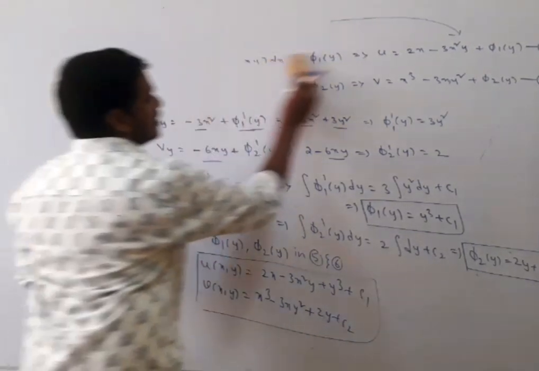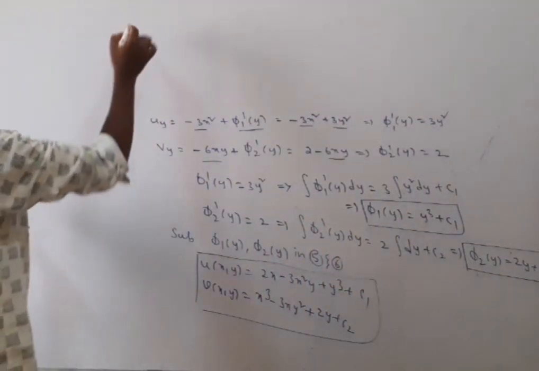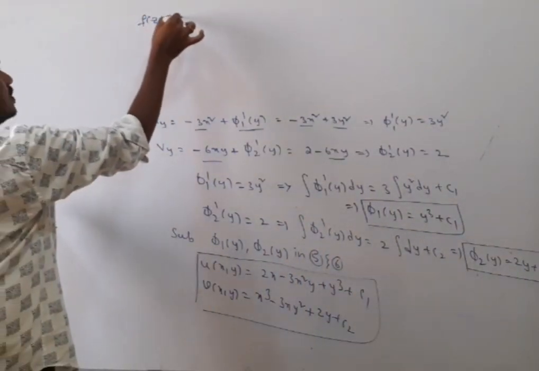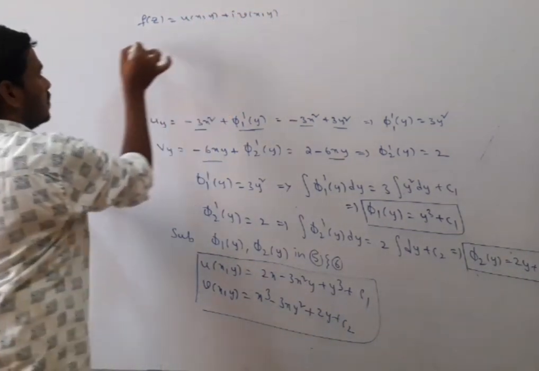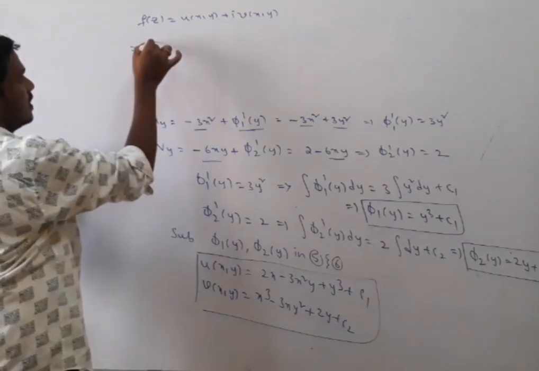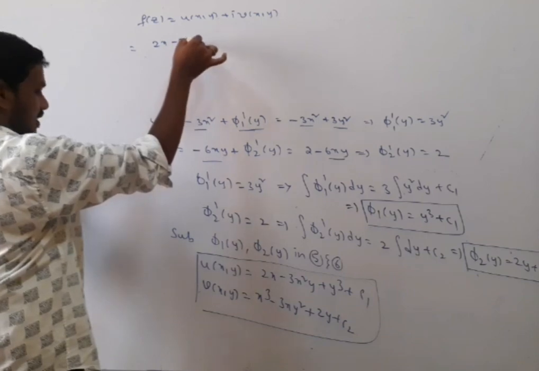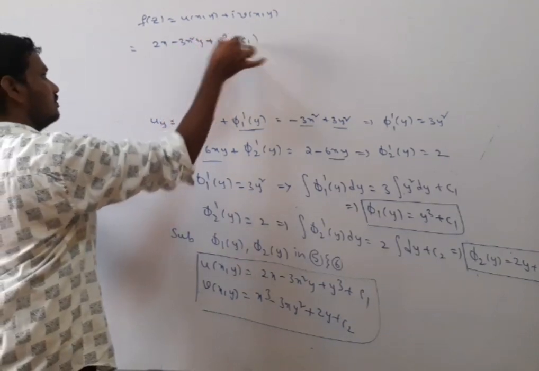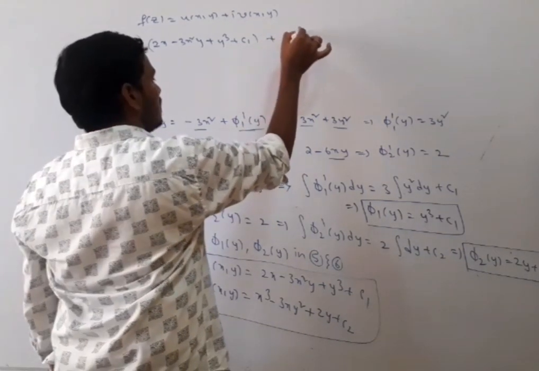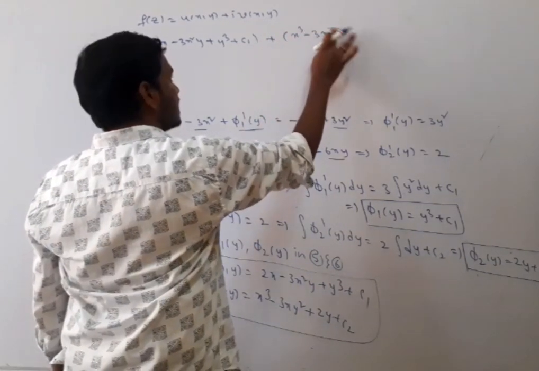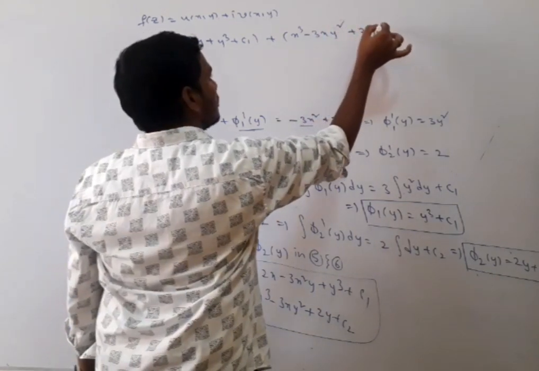Now, the last step, I am going to finish. f of z is equal to u of x comma y plus i v of x comma y. U of x comma y we have 2x minus 3x square y plus y cube plus c1, plus i times v of x comma y, x cube minus 3xy square plus 2y plus c2.